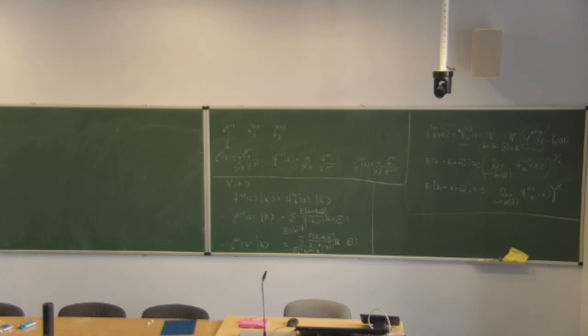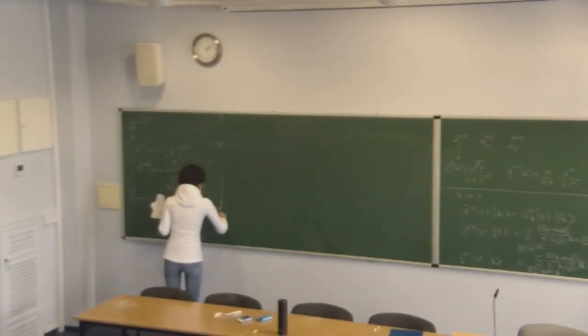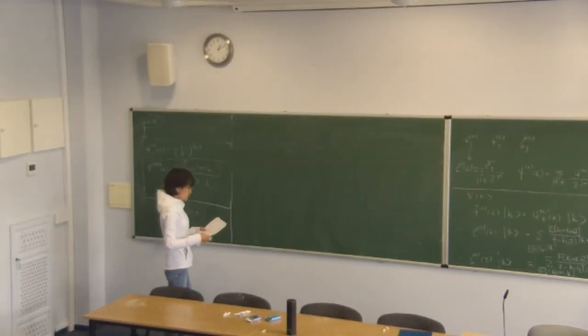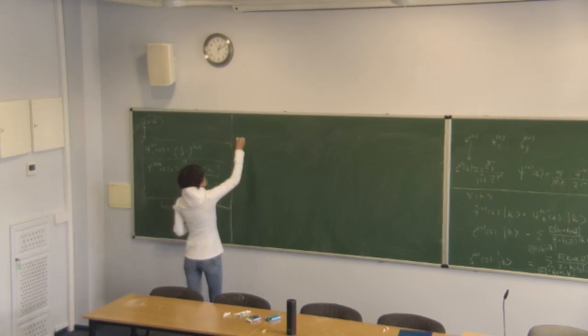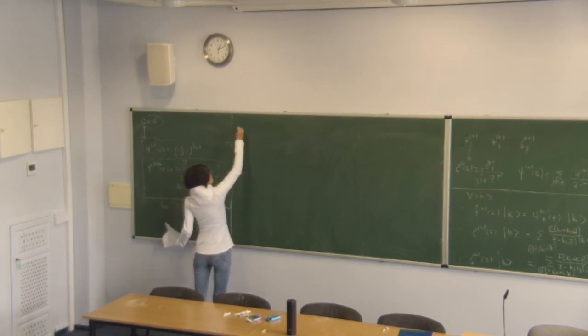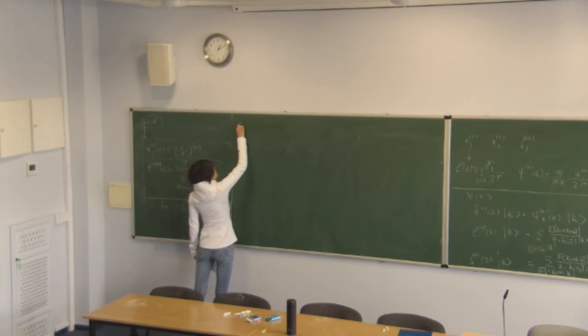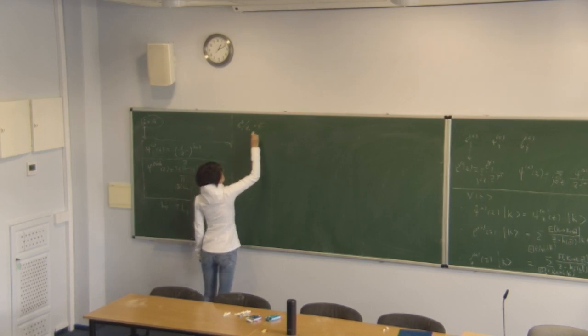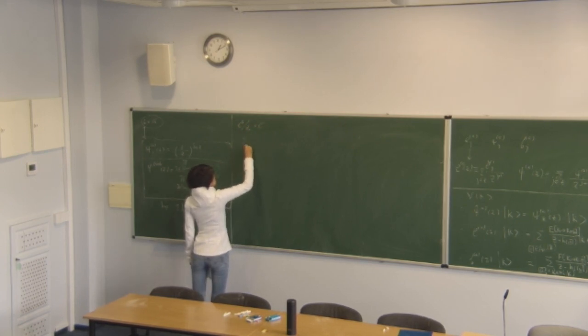So let me show you an example to show you how this works. The system is very simple. This is the Z2 orbifold where the orbifold action only acts on the first two directions.